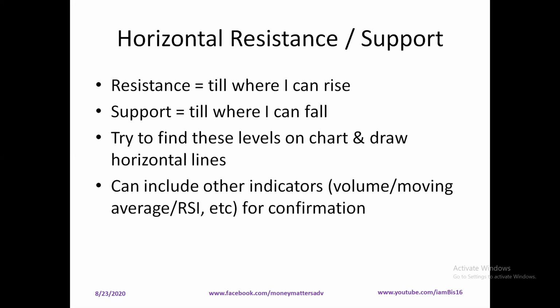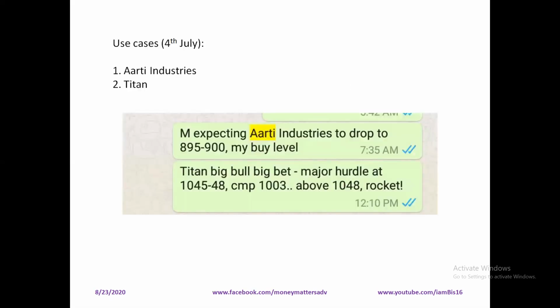We will also take care of these indicators, and we will see how we can use them for a double confirmation. Obviously it's always good to combine indicators along with whatever trend line support or horizontal support you are drawing in order to come to a conclusion.